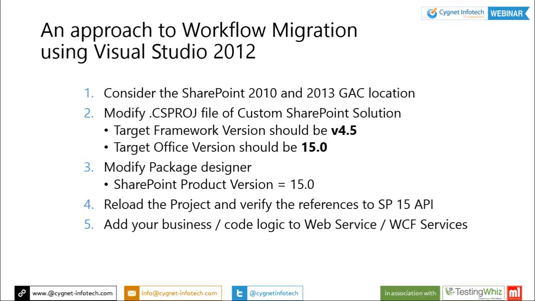Obviously you have to look at the SharePoint 2010 and SharePoint 2013 GAC locations, because both have different GAC locations: SharePoint 2010 runs on .NET Framework 3.5 and SharePoint 2013 runs on .NET Framework 4.5. So 4.5 and 3.5 have different GAC locations, and it is important you target the proper GAC location while you are migrating your source code.